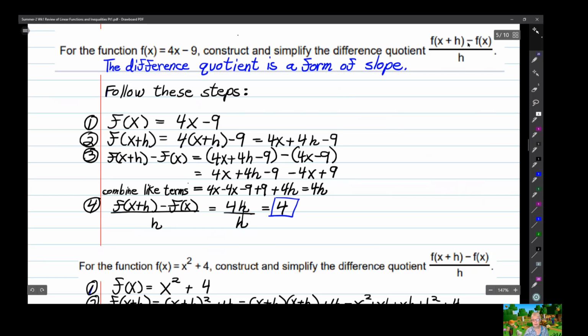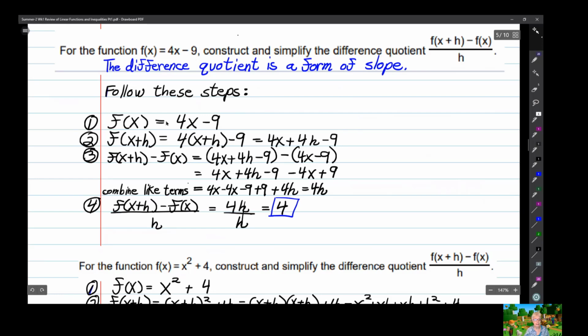Difference means subtraction. If you follow these 4 steps religiously, if I can use that word, you won't get it wrong, you'll get it right. So I'm going to show you the steps. Here's our function f of x equals 4x minus 9. That's step 1.